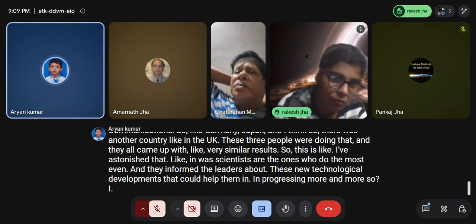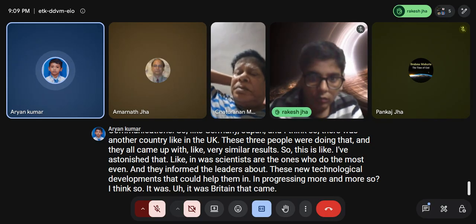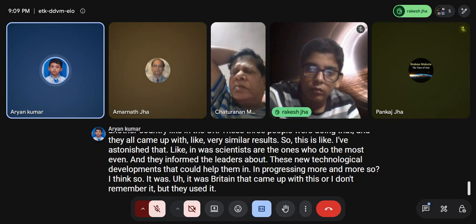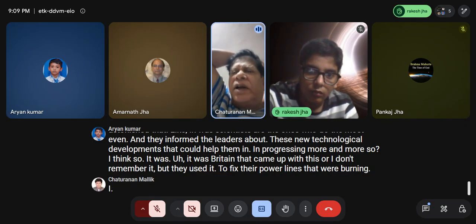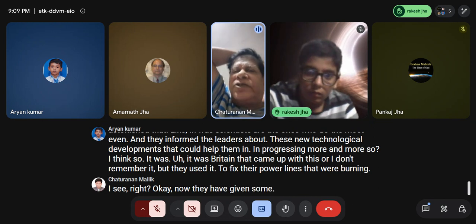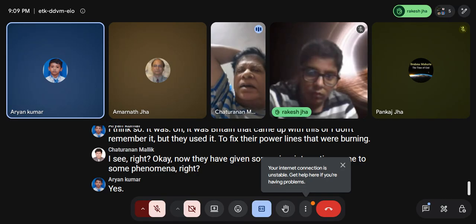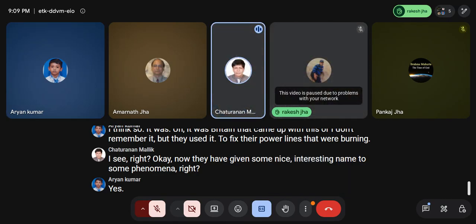I think it was Britain that came up with this, but they used it to fix their power lines that were burning. They have given some nice, interesting name to some phenomena, right? You also look on Google, and we will also look in the book.